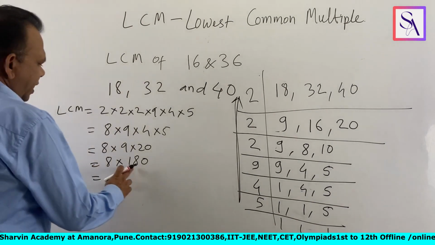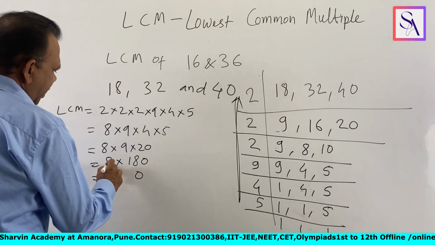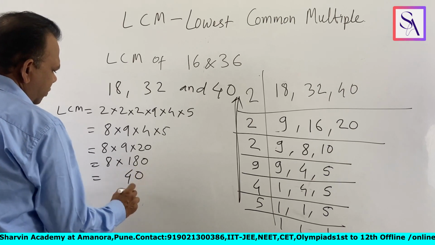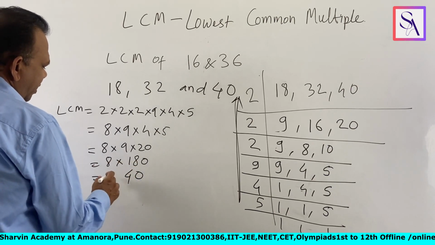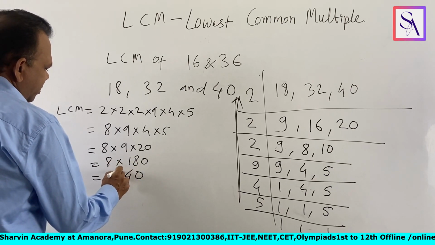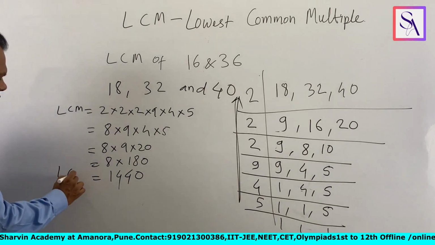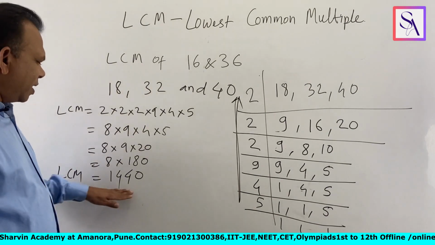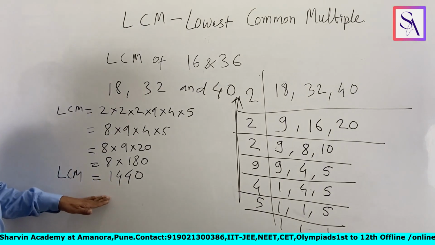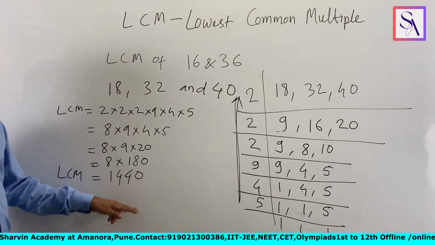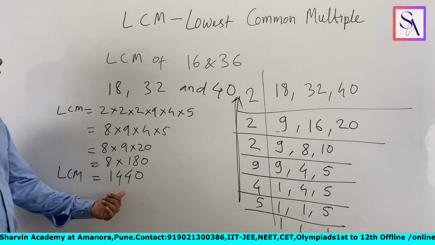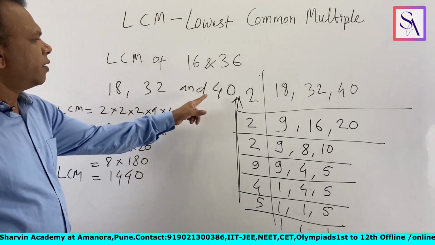And if I multiply 8 and 180, 8 8s are 64, 8 1s are 8, 8 plus 6, 14. So 1440 is the LCM. As I told you, LCM is always a bigger number, right? So 1440 is the LCM of 18, 32 and 40.